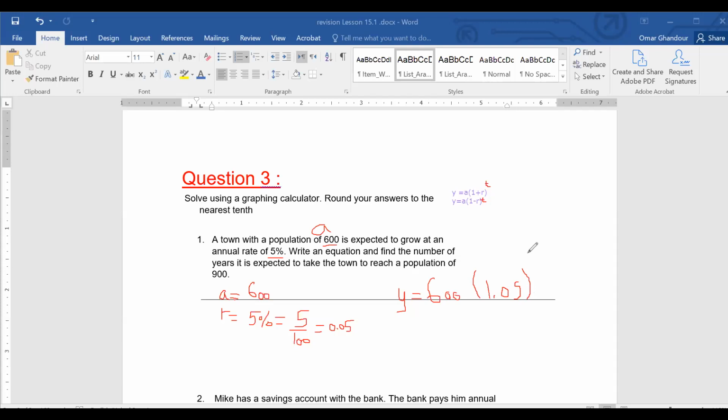This is my unknown, the t. We wrote an equation and need to find the number of years. It's expected to take that time to reach the population of 900. So he wants this equation to be equal to 900.